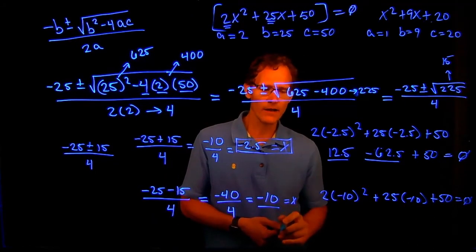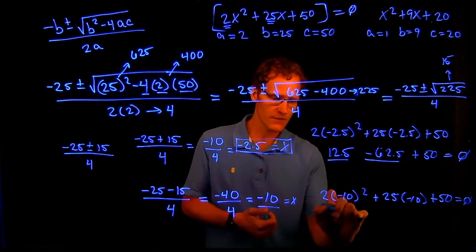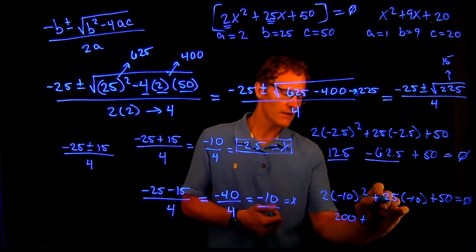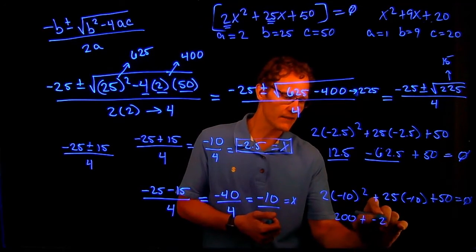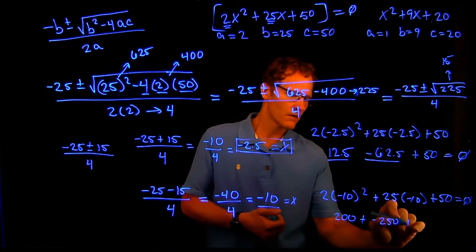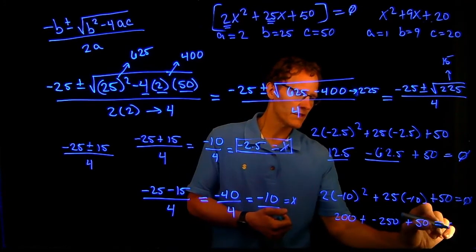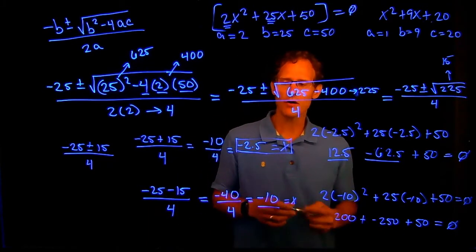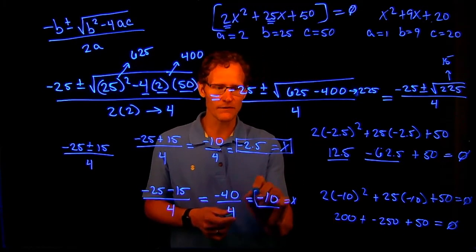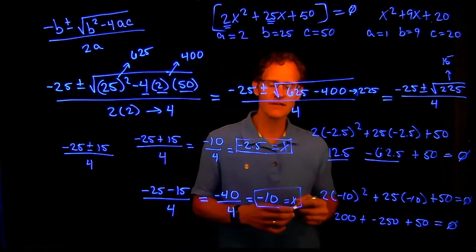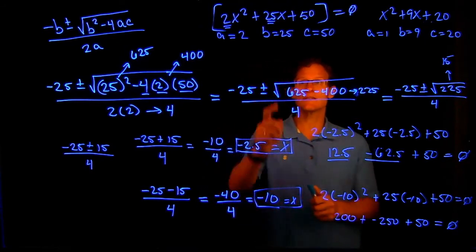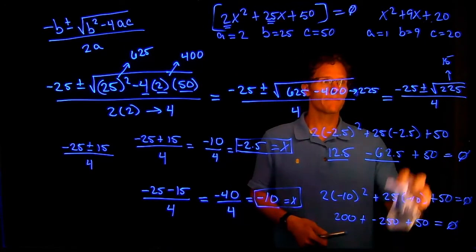Negative 10 squared is 100, so this becomes 200, plus 25 times negative 10 is negative 250, plus 50, so it works out to be 0. So both x being negative 2.5 and x being negative 10 check out. They're both correct solutions to this equation.